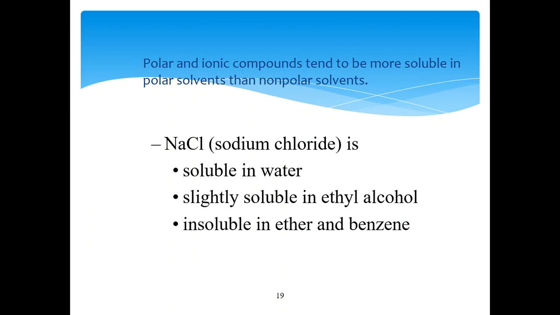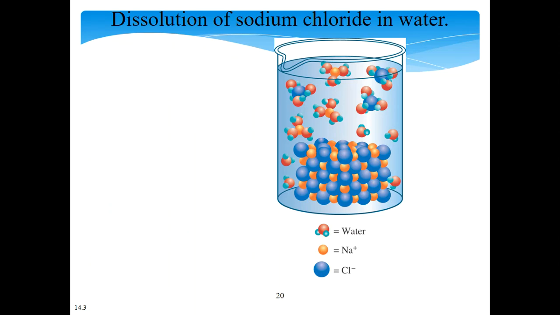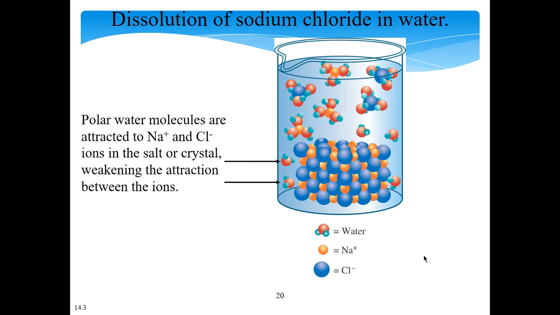All right. Before we get to the other example, let's look at what happens at a microscopic level when you try to dissolve sodium chloride in water. As you can see here on the screen, this is the sodium chloride, which of course exists as a crystal lattice consisting of sodium and chloride ions.